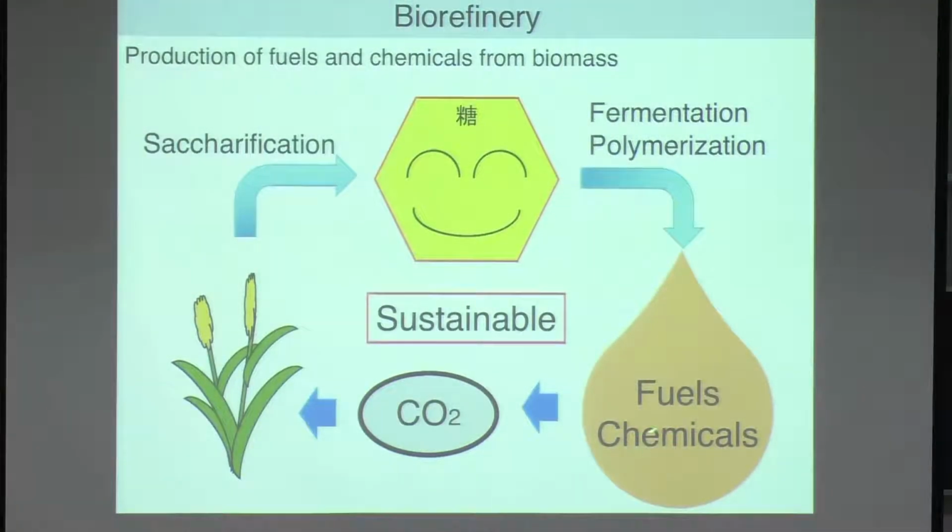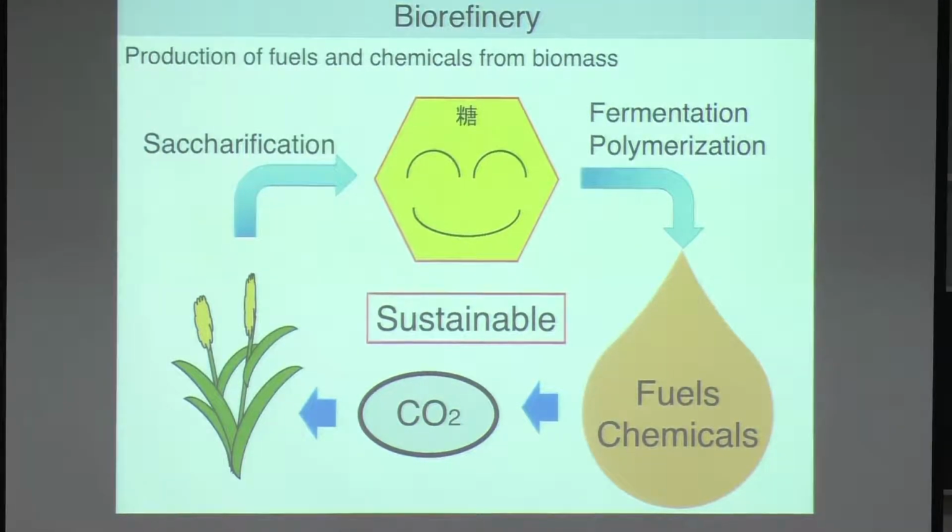If plant biomass is successfully saccharified, then the fermentable sugars can be fermented to produce fuels and chemicals. And if polymerization is added, chemicals such as plastics can be formed. After the use of fuels and chemicals, they are converted to carbon dioxide, which will be absorbed by plants by photosynthesis.